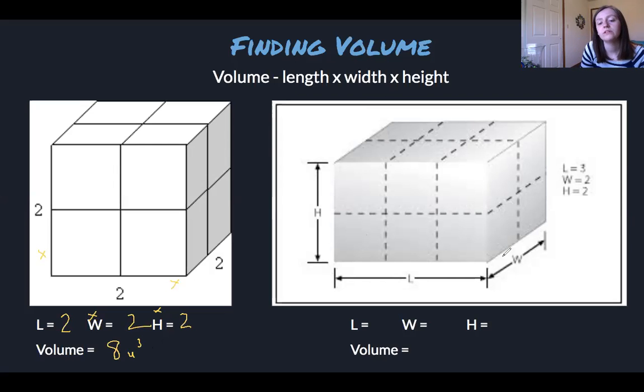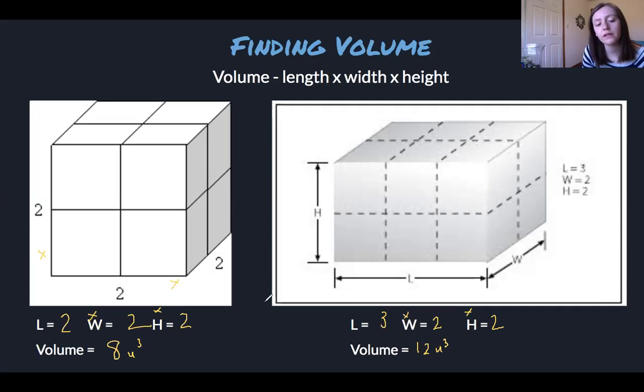Now this shape we said is 3 long, 2 wide, and 2 high. I know that 3 times 2 is 6, and 6 times 2 is 12. So the volume of this shape is 12 units cubed.